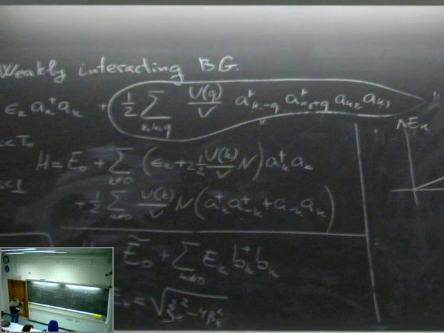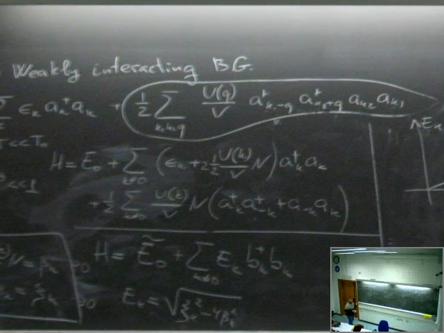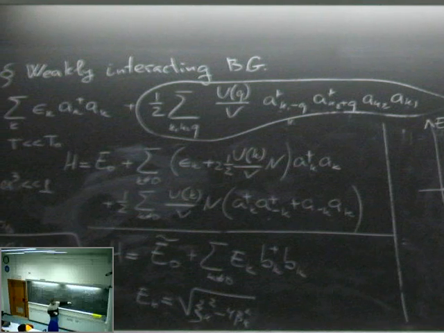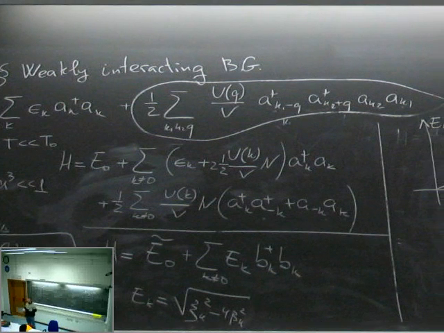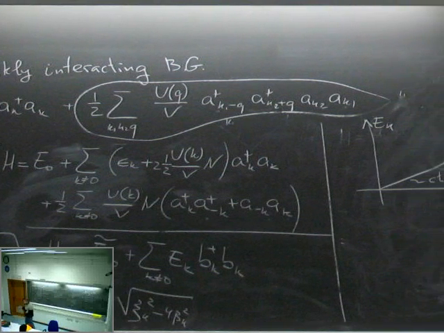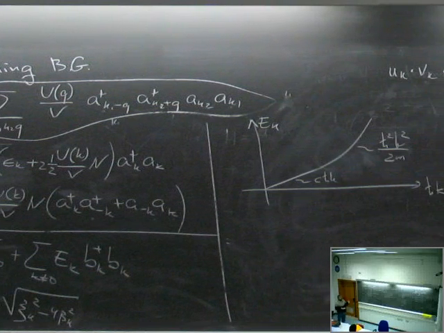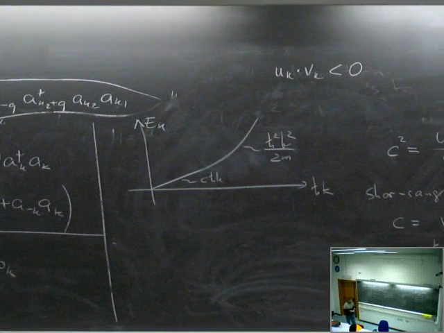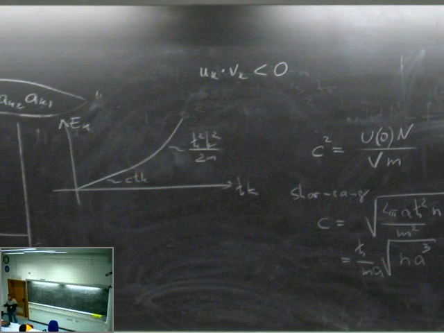Without interaction, we had free bosons, k square over m kinetic energy, and that's it. With interaction, we see the appearance of phonons, because this is nothing but sound, the same kind of excitation which exists in solid state. So these are acoustic phonons, and their appearance is connected with interaction.